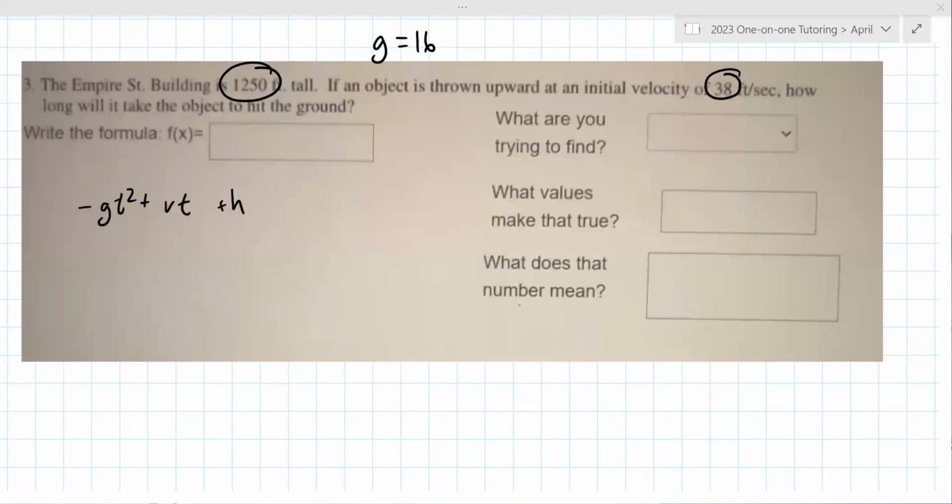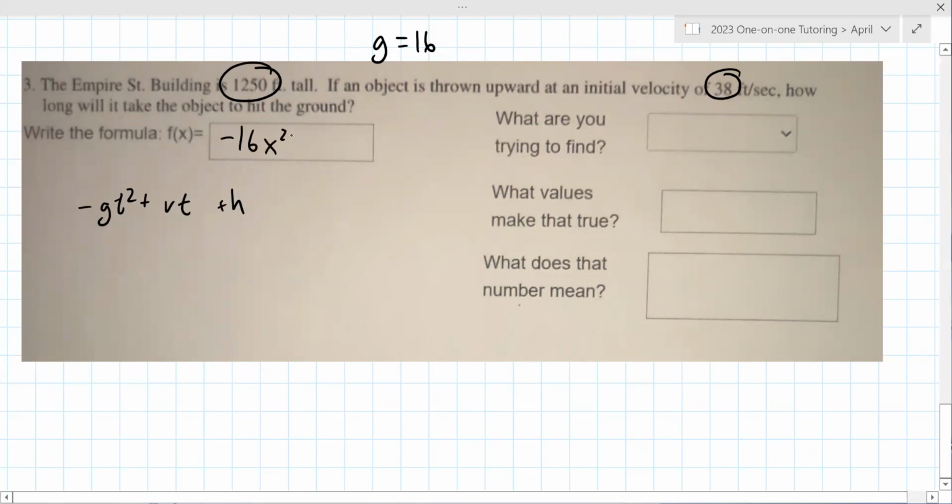I got minus 16 x squared plus 38 x plus 1250. Yes.